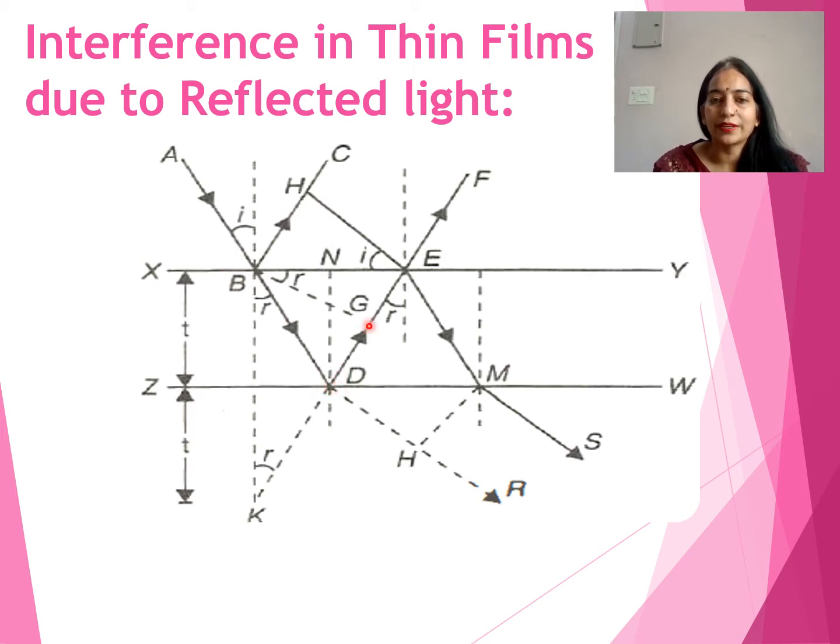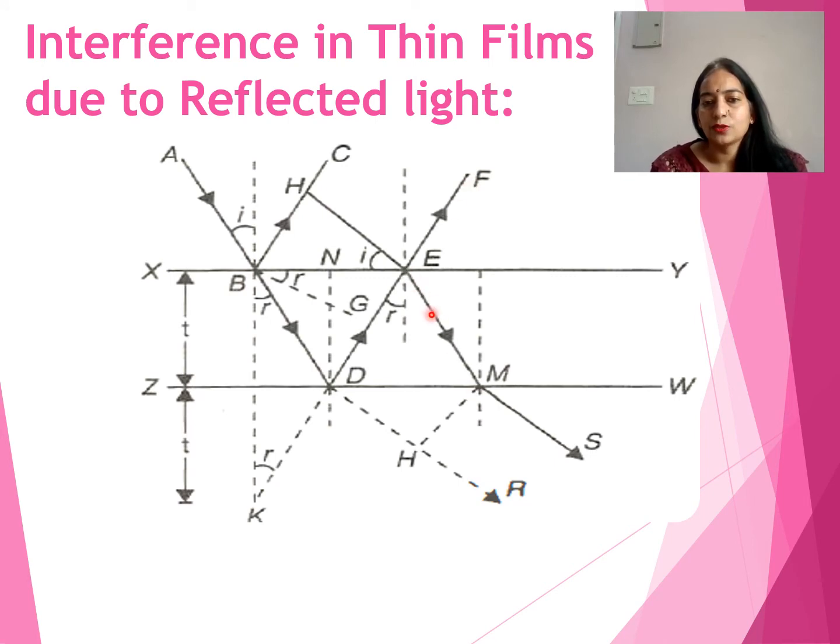One is reflected towards the upper surface, and one is transmitted or emerges out from the film, that is DR. The reflected light DE is also divided into two parts. One is reflected along the EM direction and one is refracted or emerges out from the film, that is the EF direction.